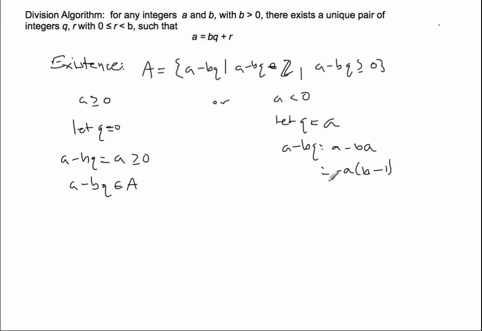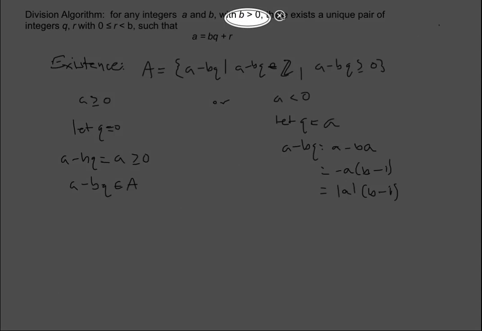In that case, a is negative, so negative a is positive, so we can rewrite that as the absolute value of a times b minus 1. Now, note from our original assumption, way up here, b is greater than 0.